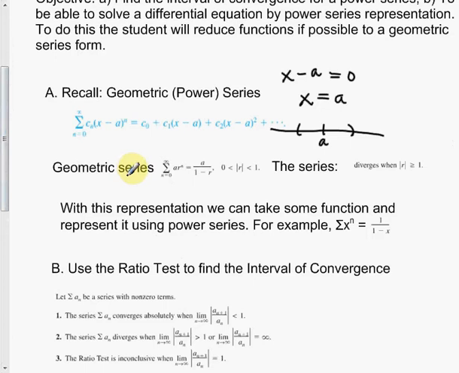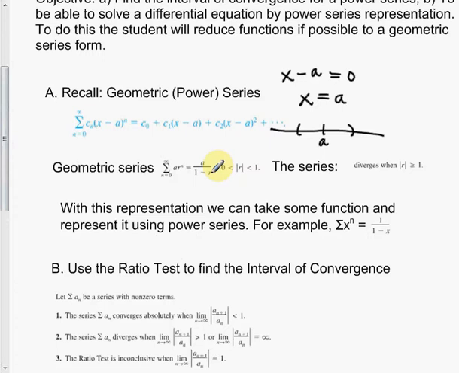The geometric series, you recall, is the summation of a times r to the n, where r is a ratio. r is some ratio that's between 0 and 1. So it's a fraction. And so we say that the geometric series is convergent when r is on this ratio from 0 to 1. Now, it's possible for r to be bigger than that and for this still to be a geometric series, that's fine.